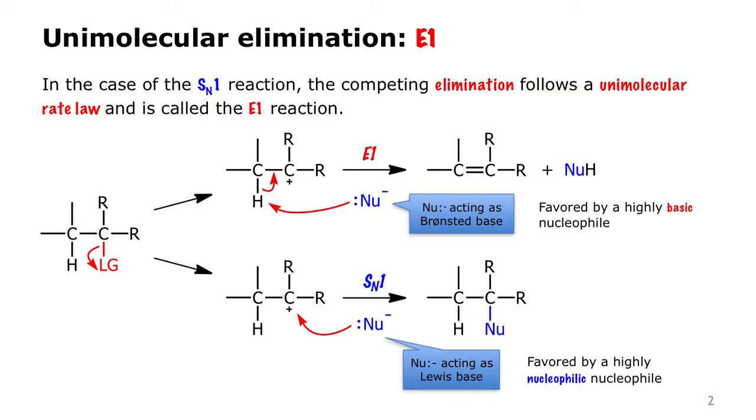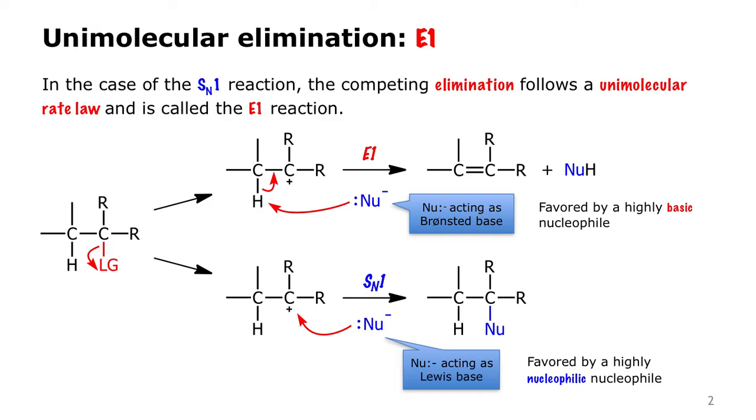But nucleophiles, by virtue of non-bonded pairs of electrons, also have the ability to act as a Bronsted base and remove a proton, act as proton acceptors. And if that proton is removed at a carbon adjacent to the carbon that bears the positive charge, we get a carbon-carbon double bond and form an alkene of some sort.